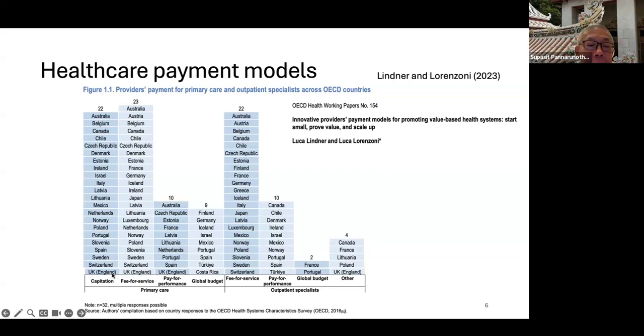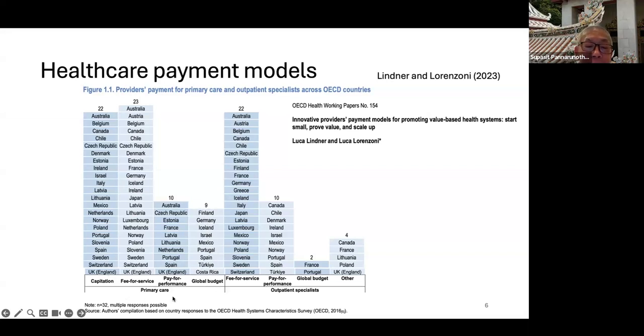Like in the UK, the majority use capitation, but combined with fee for service and pay for performance, as agreed, to increase the quality dimension. And some countries may use the global budget. You can see that about 9 countries of the OECD use the global budget for that.